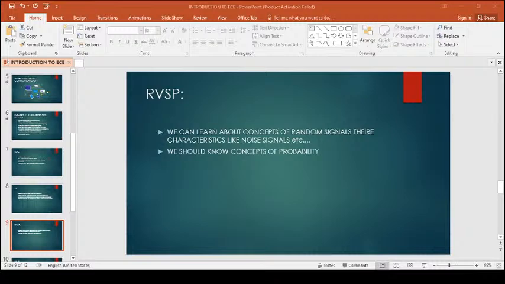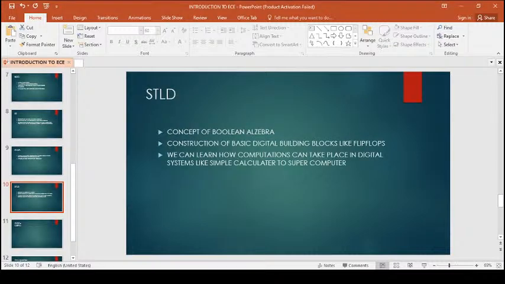And next, coming to the next subject, STLD. Already I told you most digital systems work on digital signals. So digital signals are mostly represented in ones and zeros. How can computations be taken in a processor, just like in a simple calculator?